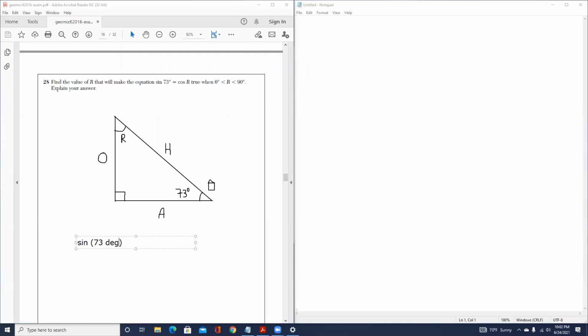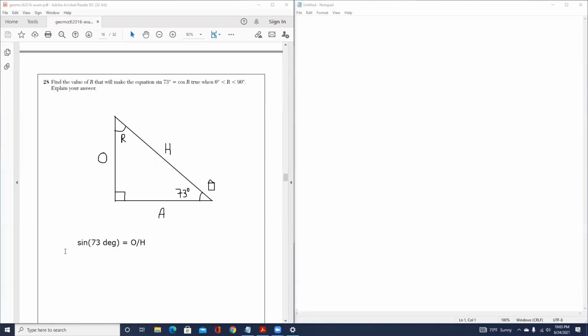Sine of 73 degrees, we can represent this as O over H.